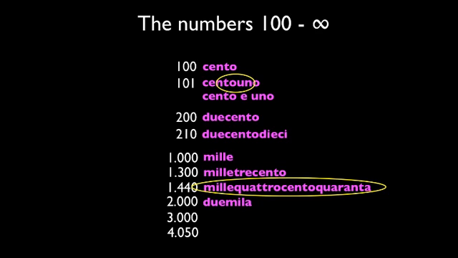2,000 is duemila, 3,000 is tremila, 4,050 is quattromilacinquanta. Getting even higher, we have 10,000, diecimila, 50,000, cinquantamila, 100,000, centomila, and you see these work quite logically.